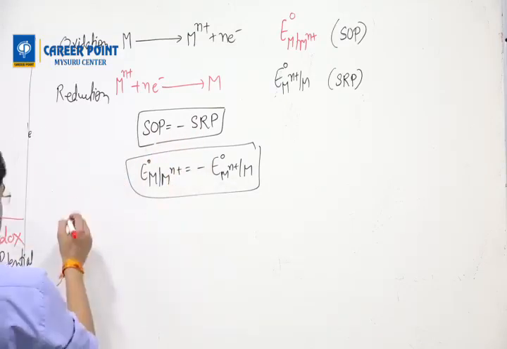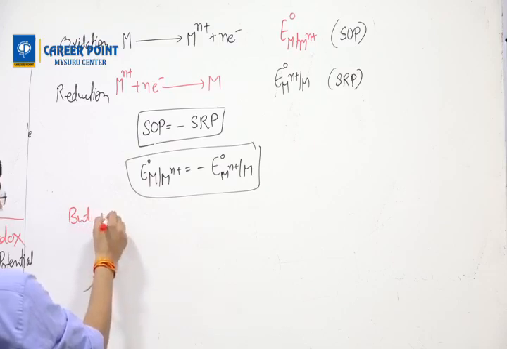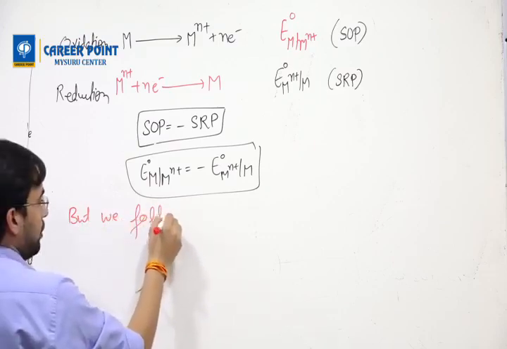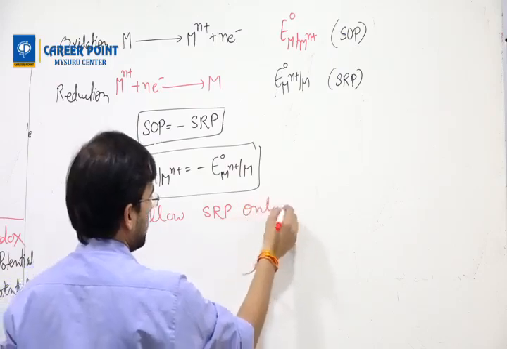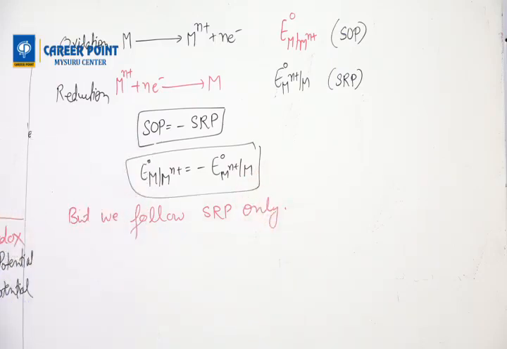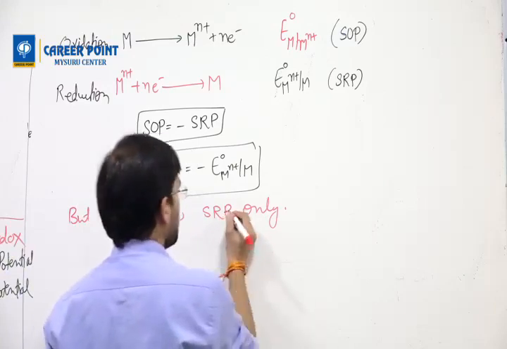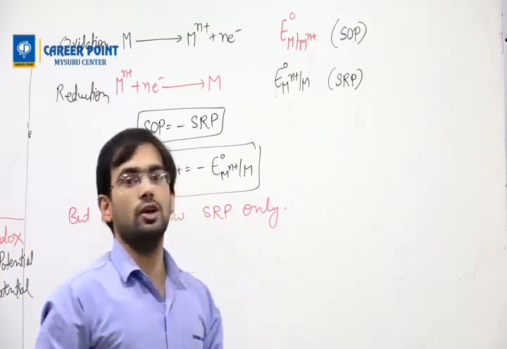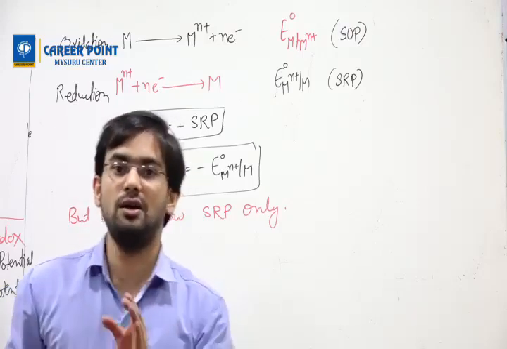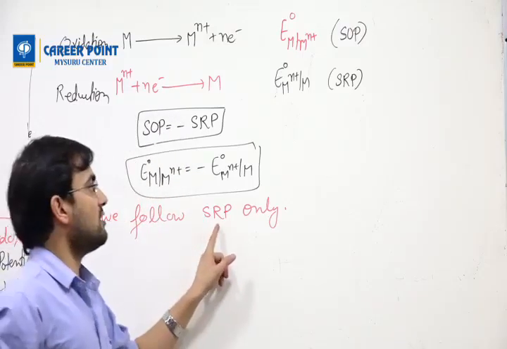But we follow SRP only. It means if you look in NCERT or in any problems, we follow the SRP value, which means standard reduction potential.